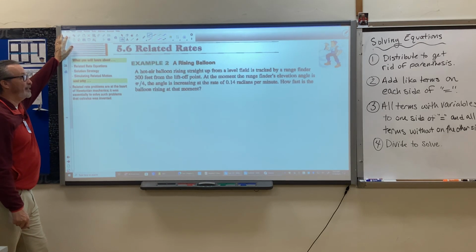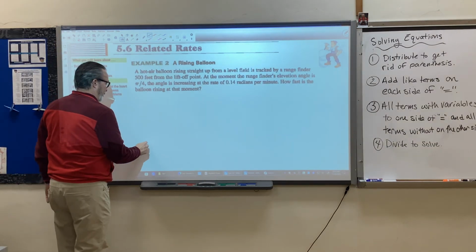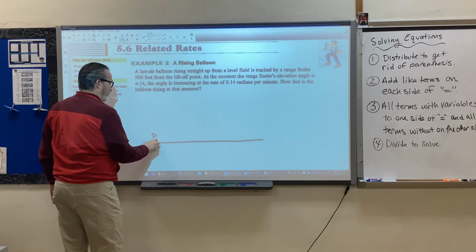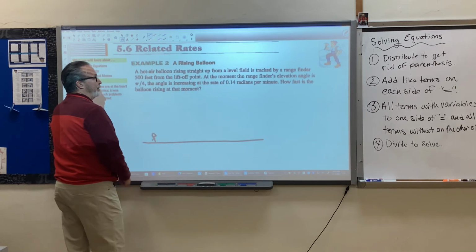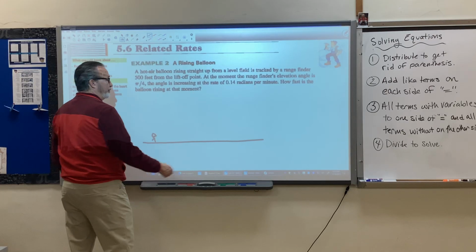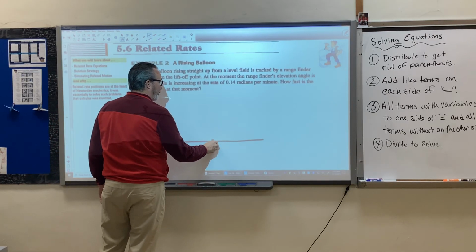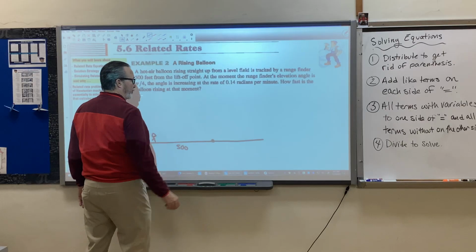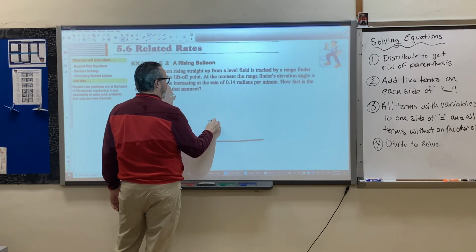A hot air balloon rising straight up from a level field is tracked by a rangefinder 500 feet from the liftoff point. Here's the guy. His name is rangefinder. He's 500 feet from the liftoff point, watching a hot air balloon rising.